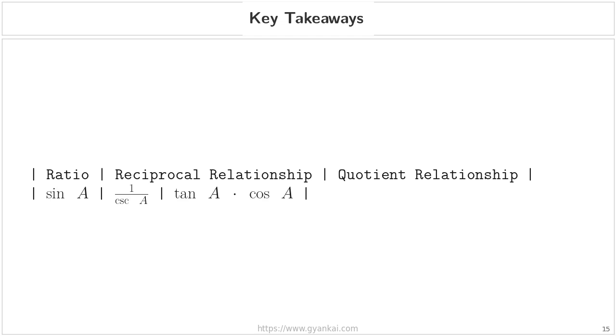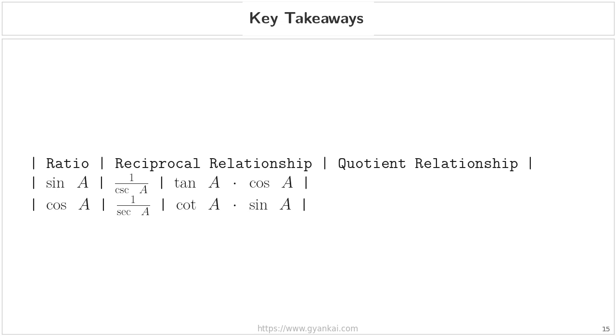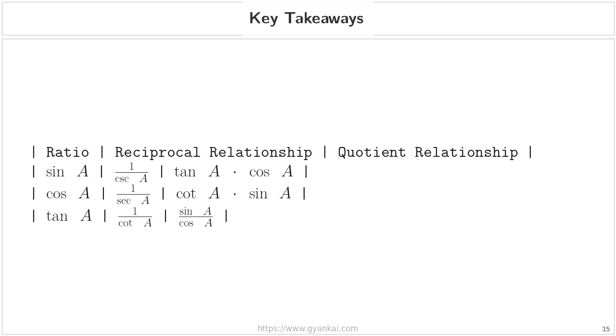Starting with the sine of angle A, we know from our earlier discussion on reciprocal pairs that sine of A is equal to 1 over cosecant of A. For its quotient relationship, we can also express it as tangent of A multiplied by cosine of A. Moving down to cosine of A, its reciprocal is 1 over secant of A, and just like we saw in our derivation, cosine of A can also be expressed through the quotient relationship of cotangent of A multiplied by sine of A. Next, let's look at tangent of A as we discussed in the context of the tangent and cotangent pair.